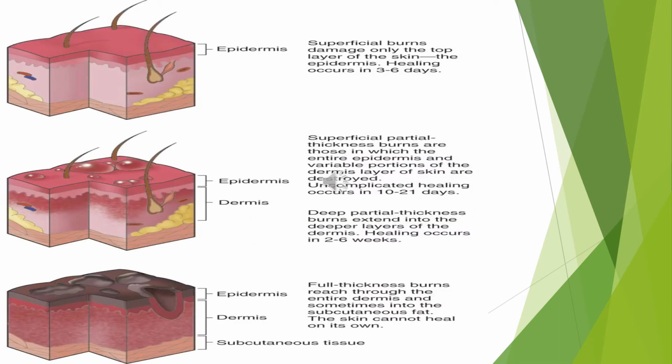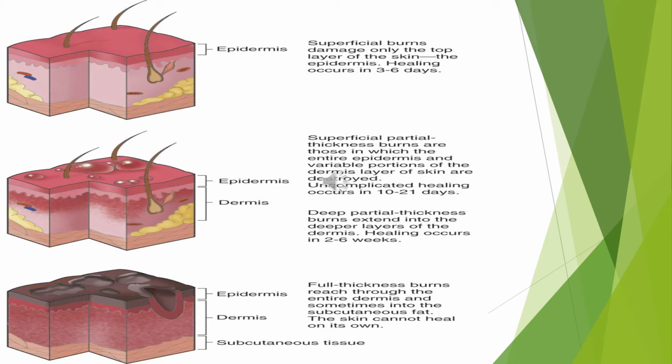Okay, this slide just talks about the different layers of skin as they are burned. The first picture is superficial burns. They will heal within 3 to 6 days of injury. Superficial partial thickness burns will heal 10 to 21 days out. Deep partial thickness burns will heal 2 to 6 weeks out.